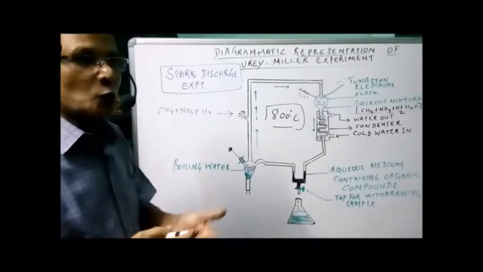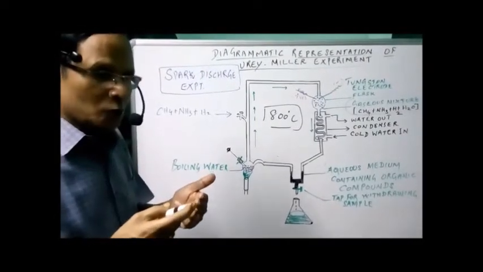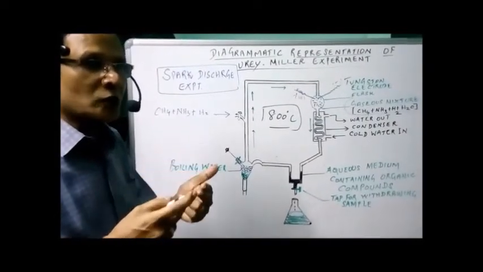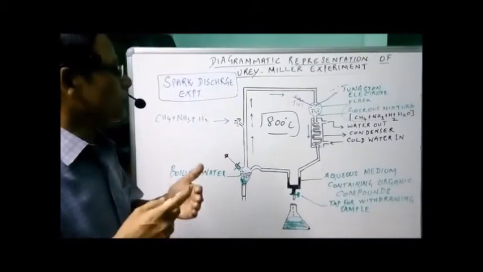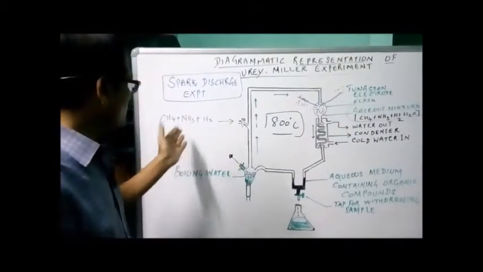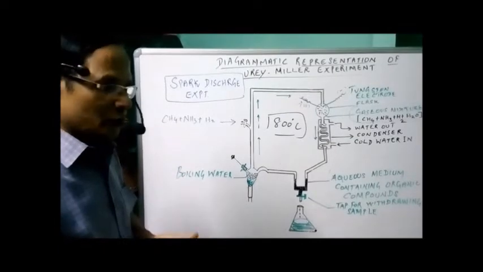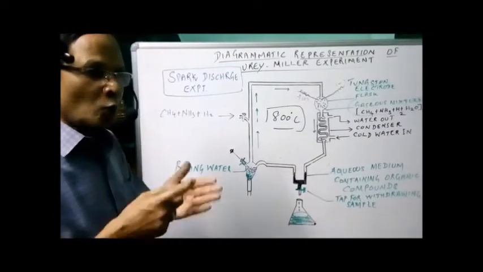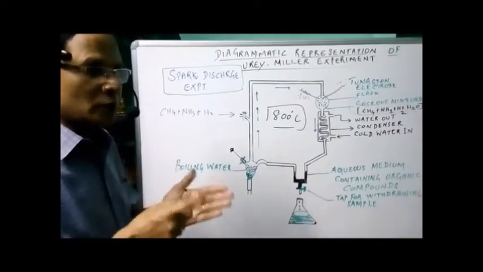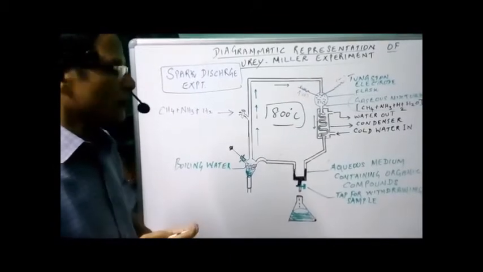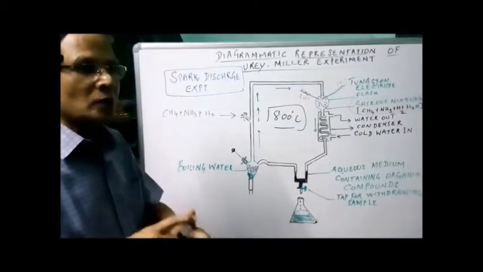While the current is on, the electrodes produce an electrical discharge in the form of a spark. That provided the energy for the union of all four gases, and at the same time the water vapor condensed to form a solution which contained a number of organic molecules.